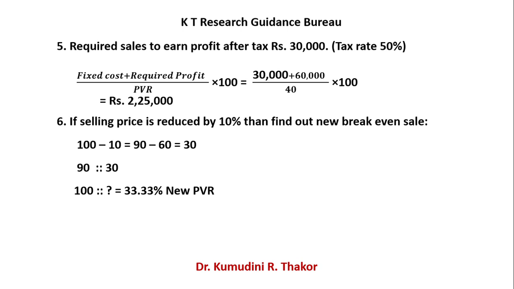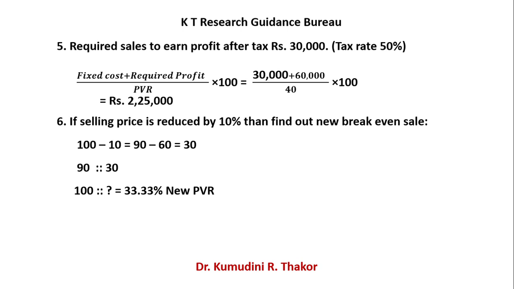So generally students are doing major mistake for this cost. 40% means 40 of 100, not 90. You are reducing selling price but your cost is same. So 90 minus 60 is equal to 30. So 90 equal to 30. Then how much for 100? 33.33 percentage.